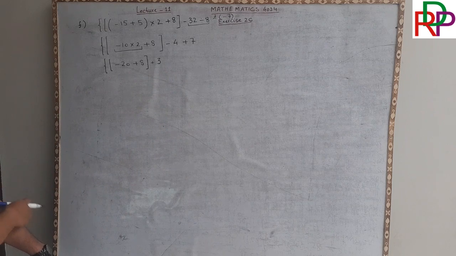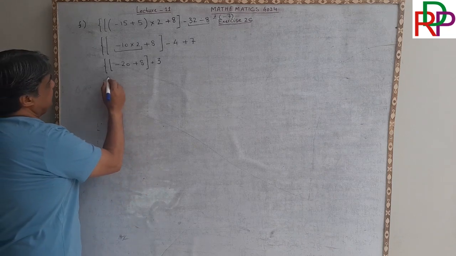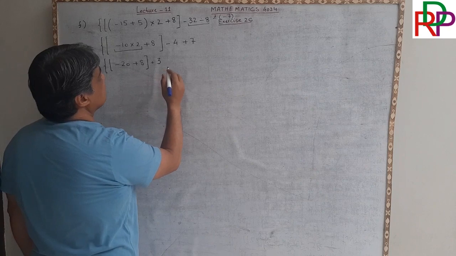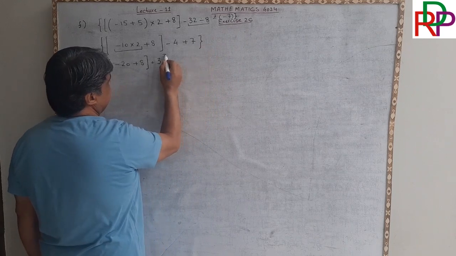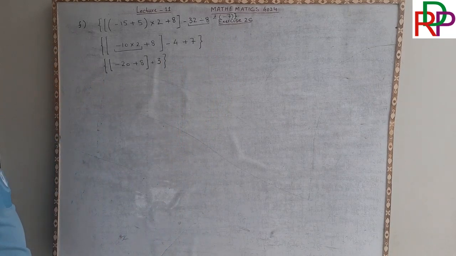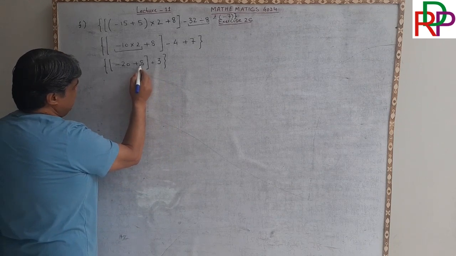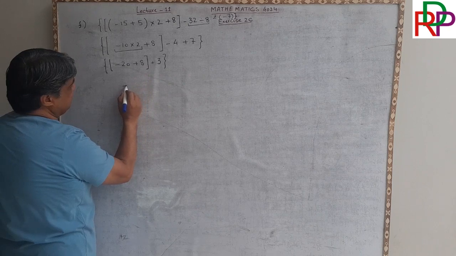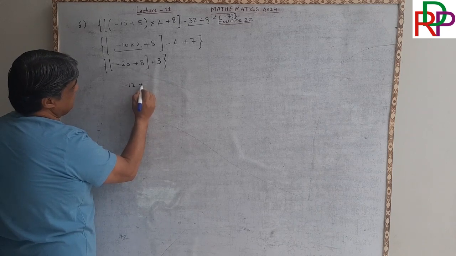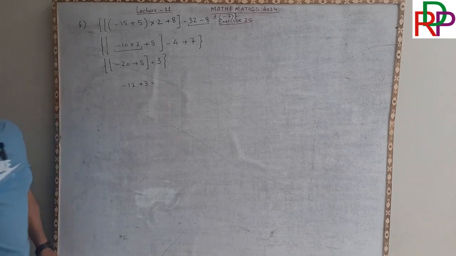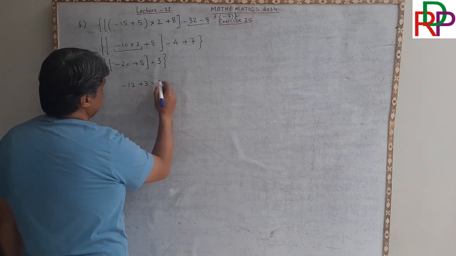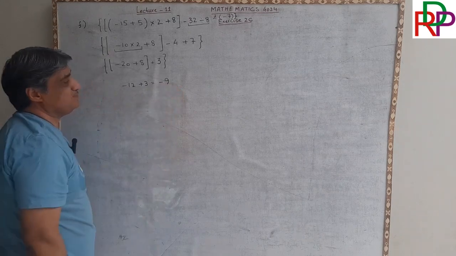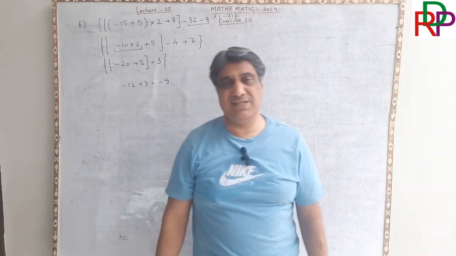Minus 4 plus 7 will become plus 3. So minus 20 plus 8 is minus 12, and plus 3, which is equal to minus 9. So this is the answer.